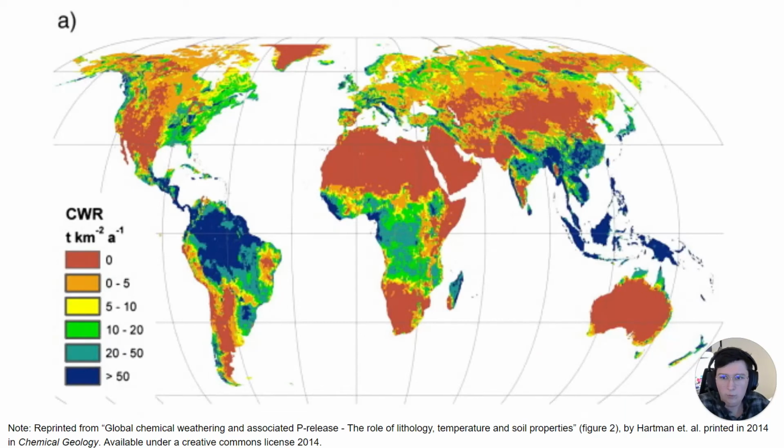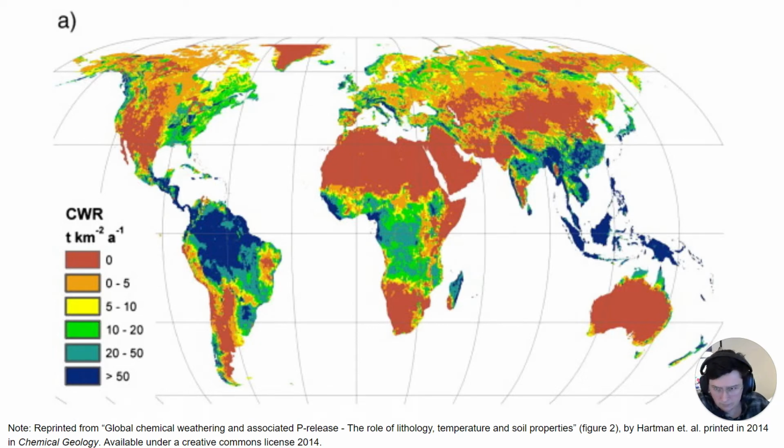So, a really cool figure here from a 2014 paper. Hartmann et al. went ahead and created a global model for chemical weathering rates, that's CWR, for the entire world. They have a couple of different figures in their paper that describe the effect of soils and the effect of other things, but this is their base model that's just based on the water data and the temperature and climate values that they have.